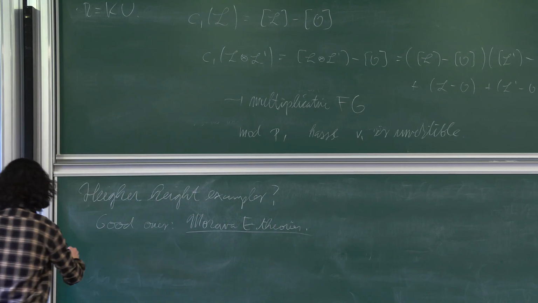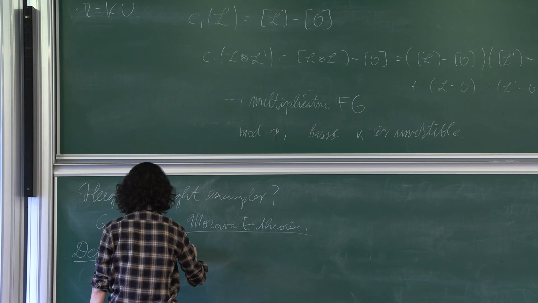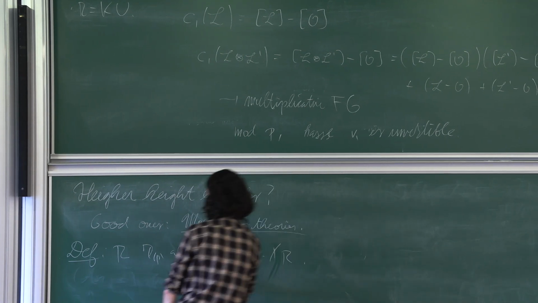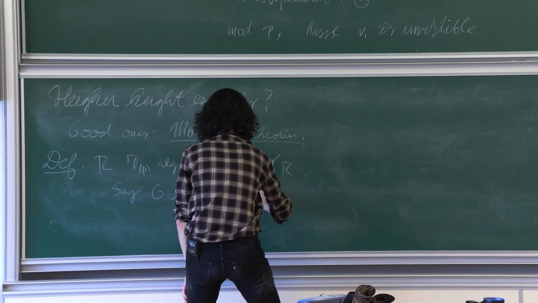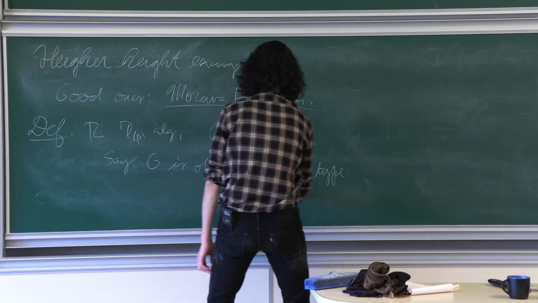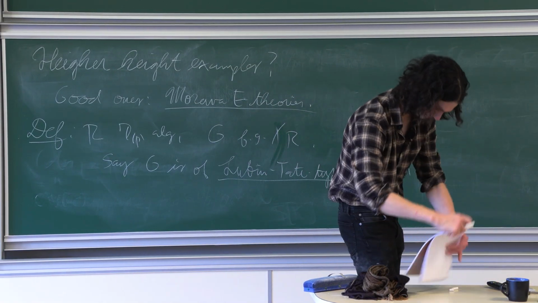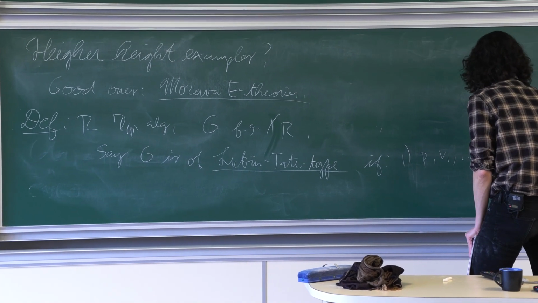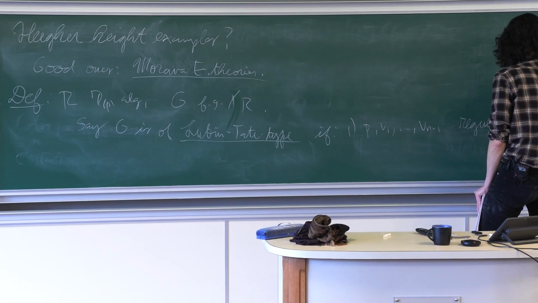So here's a definition. Let R be a Z_p-algebra, and G a formal group over R. Say G is of Lubin-Tate type of height n if the following conditions are satisfied. First of all, I want p, V1, up to V_{n-1} to form a regular sequence. These are the Hasse invariants.